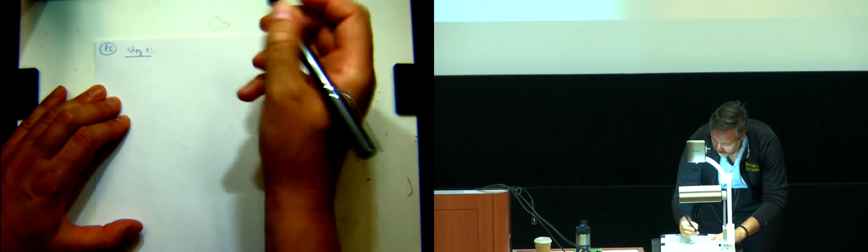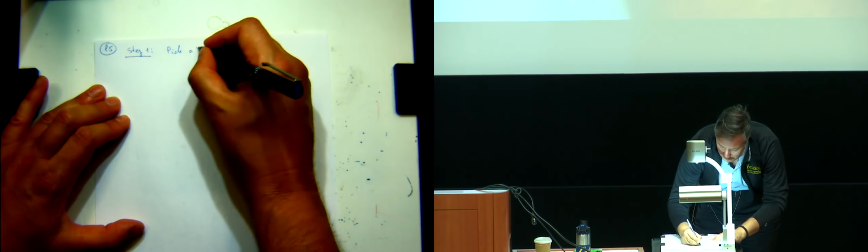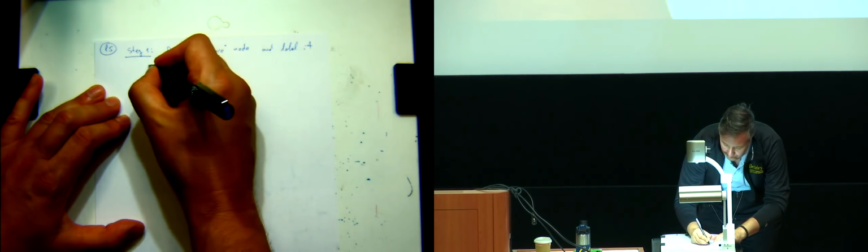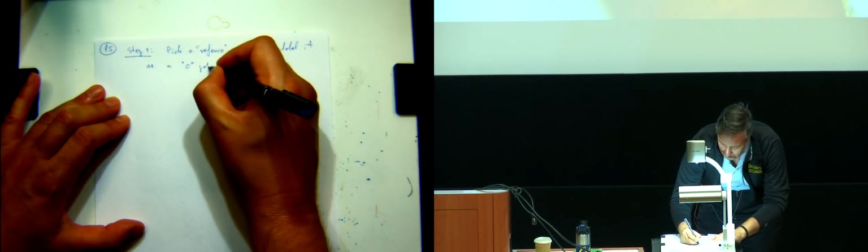Step 1, pick a reference node and label it as 0 potential.